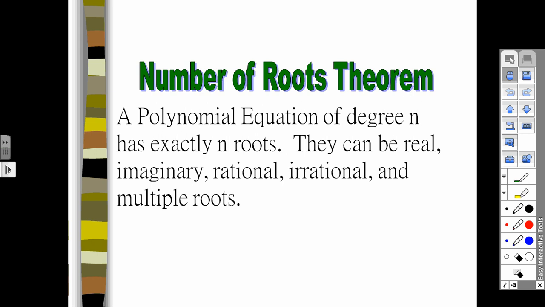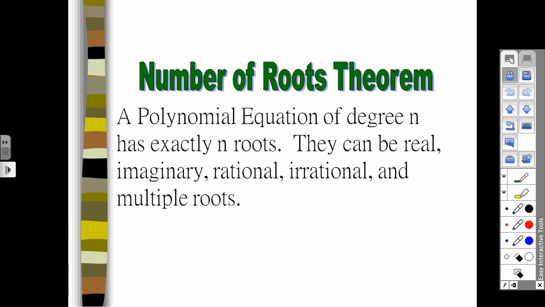If it's degree 3, you're going to have 3 roots, okay, and so on and so forth. Well, the roots themselves can be in any form. They could be real, imaginary, rational, irrational. They could be multiple roots, so you can get an equation where the answer is always 3, but it occurs 3 different times.